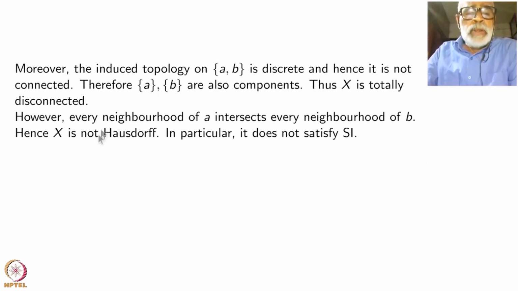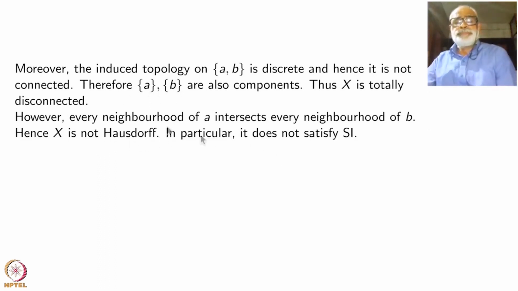That is the whole idea. Hence, X is not Hausdorff. That is the point. Because open subsets around A and open subsets around B, they always intersect. If it is not Hausdorff, it cannot be S1. S1 is stronger than Hausdorffness. So it is a totally disconnected space which is not S1.